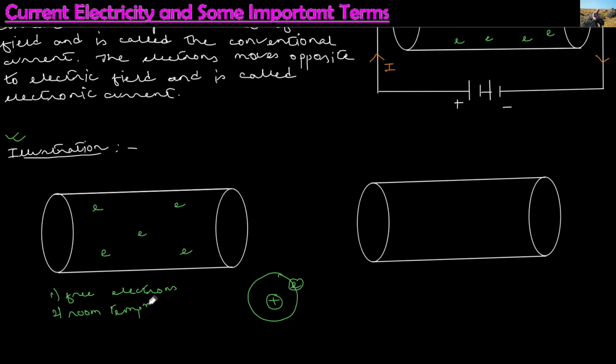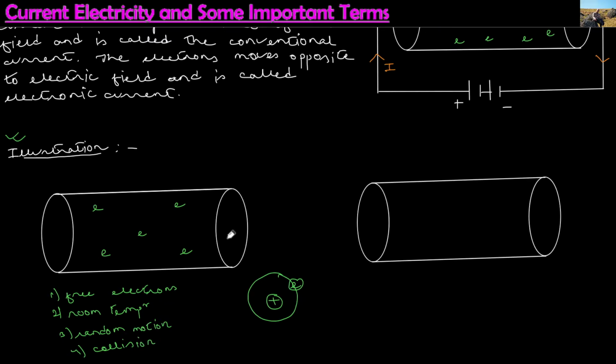They will be in the state of what? They will be in the state of random motion. When they are in the state of random motion, all these electrons will experience some collision between the electrons.